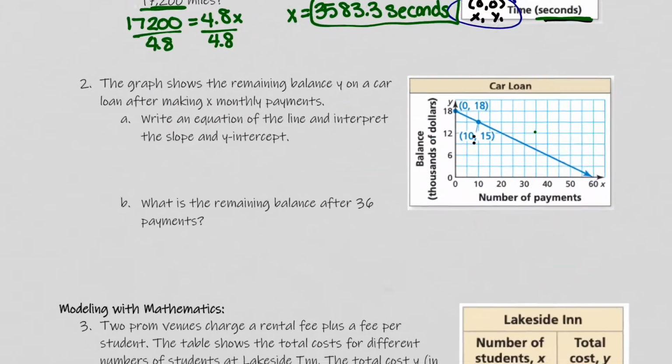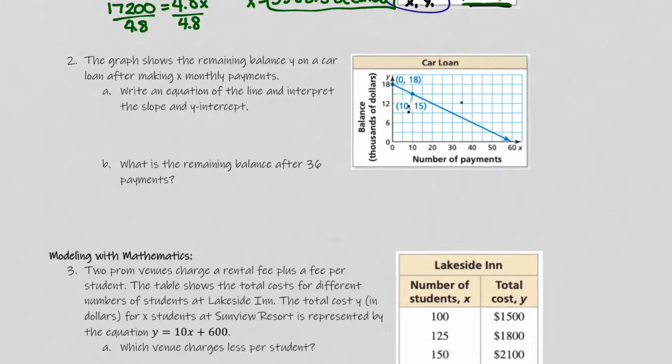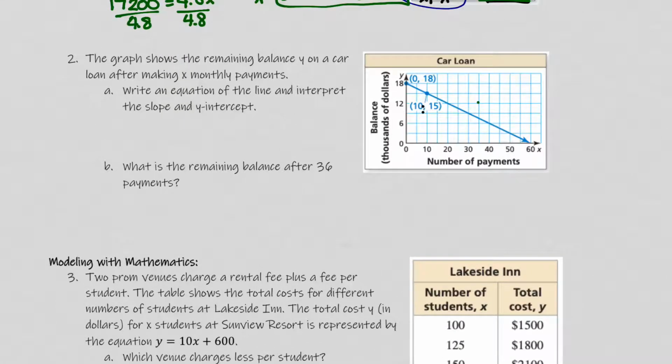All right, so let's move on to number 2. This graph shows the remaining balance y on a car loan after making x monthly payments. And it lists 2 points here for us. So I'm just going to label them x1, y1, and x2, y2.